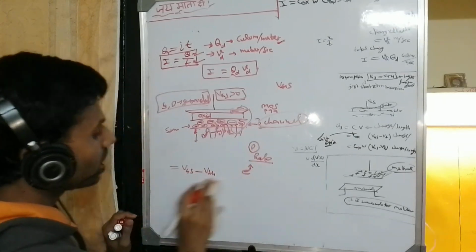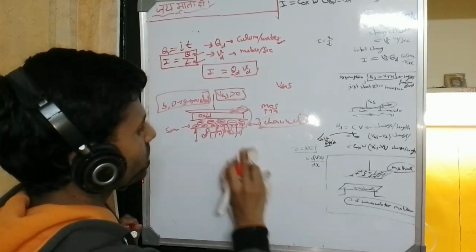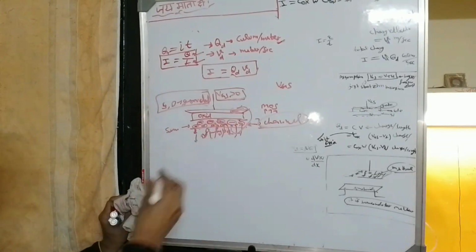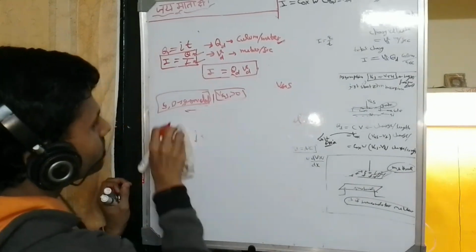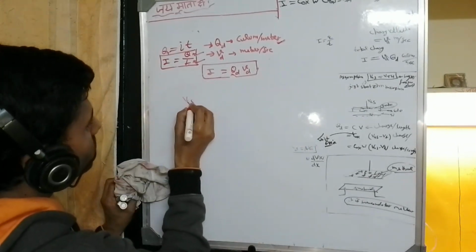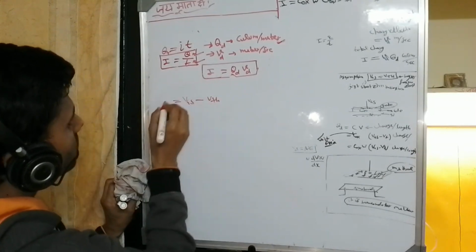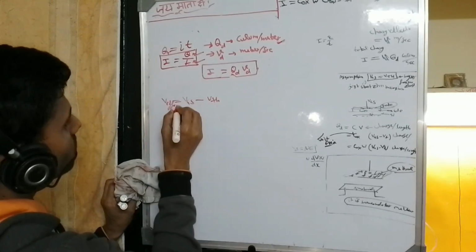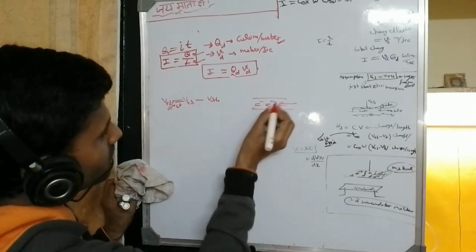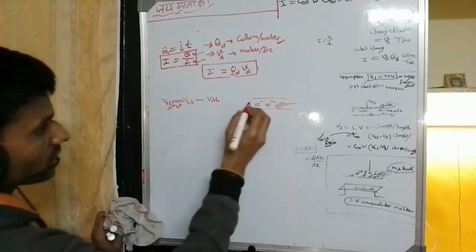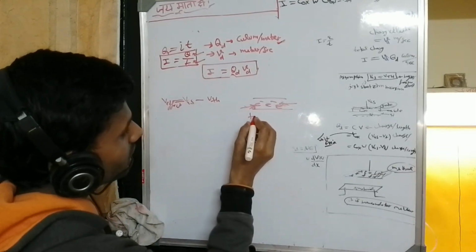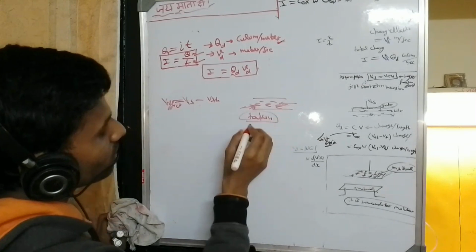So this will be the effective voltage for the creation of movable charge in the channel region. Effective voltage will be VGS minus VT. This is the effective voltage for movable charge creation in the channel region, which will take part in the current generation when you apply the voltage difference.